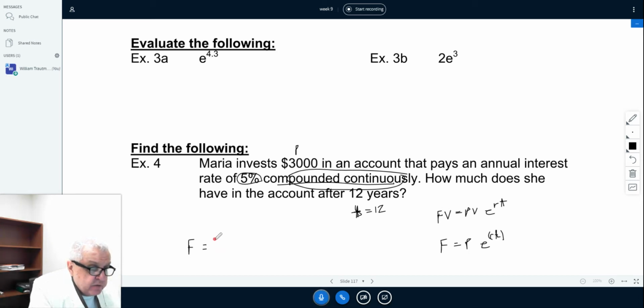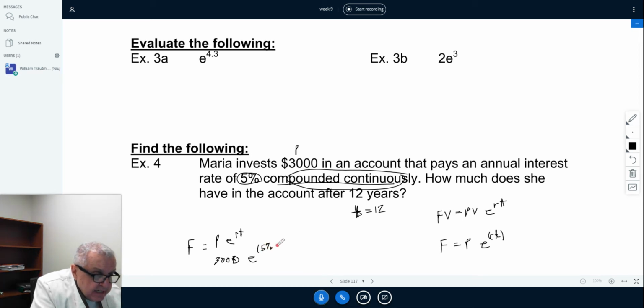Future value equals present value times e to the RT. Once again, present value is $3,000. Then we're going to multiply it times E. Interest rate is 5%, and time is 12 years.